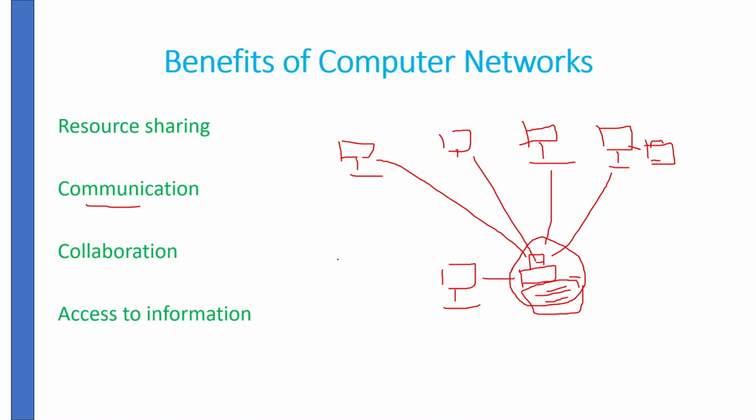Access to information: when you take a mobile phone or your laptop, you can open your browser and search anything on the internet, right? Because of the internet, computer network, you can have access to all the information within a few fingertips, right? So these are the benefits of computer network: resource sharing, communication, collaboration, and access to information.